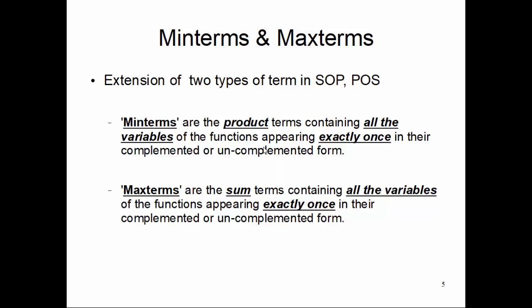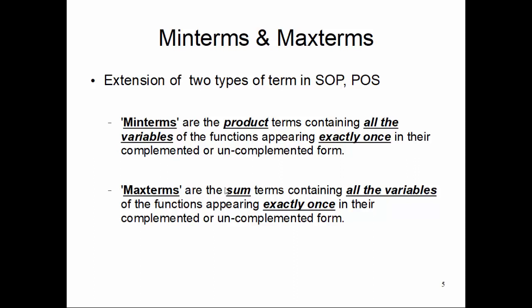Whereas max terms are the sum terms, and max terms are involved with the POS style expression. Here again, sum has been used loosely. Sum is like plus, and plus is really OR in the logical operation, so loosely we use the term sum here.